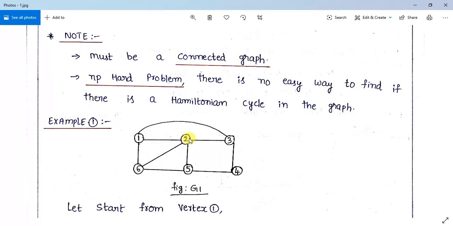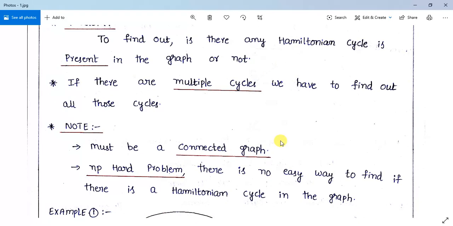I have covered all the vertices exactly once, and I have to return to the starting vertex, from 6 to 1. So it forms a cycle, and that is the Hamiltonian cycle. Very simple.